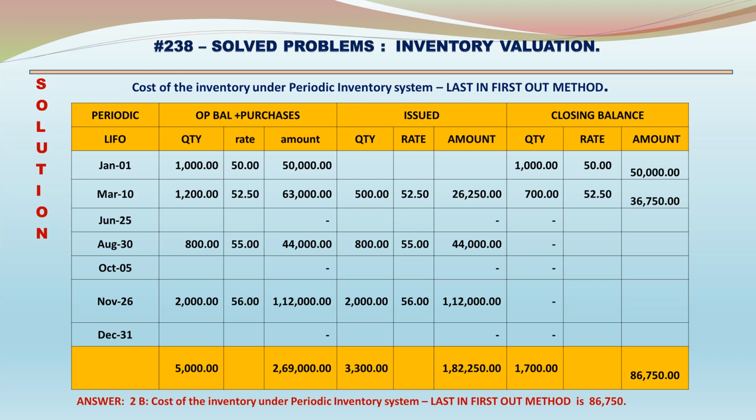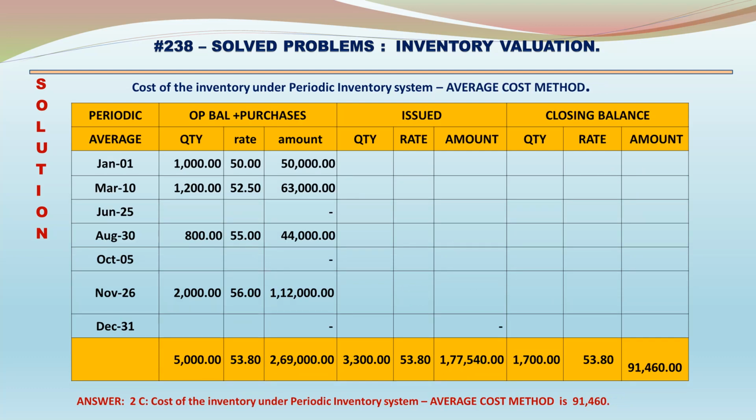Total inventory cost is 1,700 units at 86,750. Answer 2B. Cost of the inventory under periodic inventory system last in first out method is 86,750.